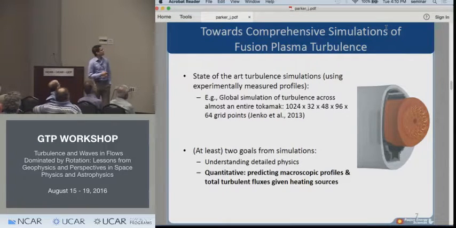Most of the simulations these days, or almost all of them, would specify the profiles like temperature or density from the experiments, measured from the experiments. They don't self-consistently predict those profiles.